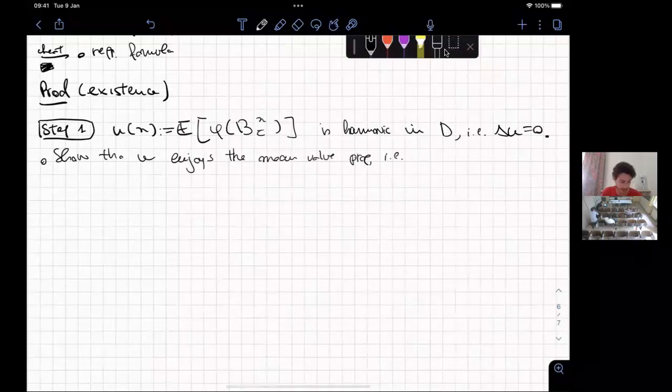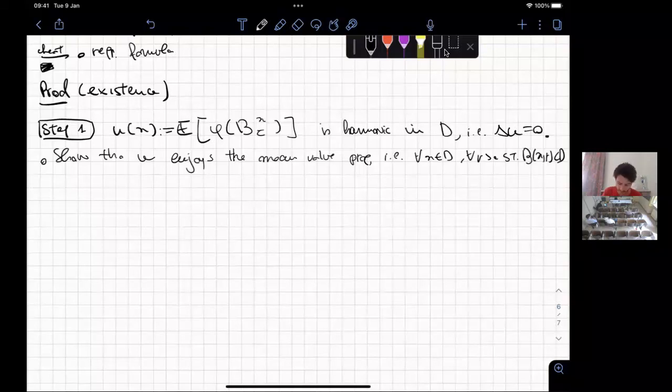That means that, again, for every x in D, for every R positive such that the ball B(x,R) belongs to D, u(x) can be written in this way.